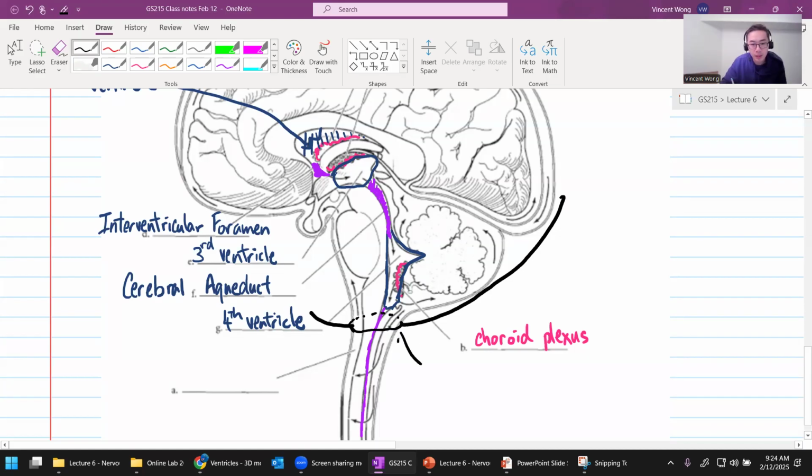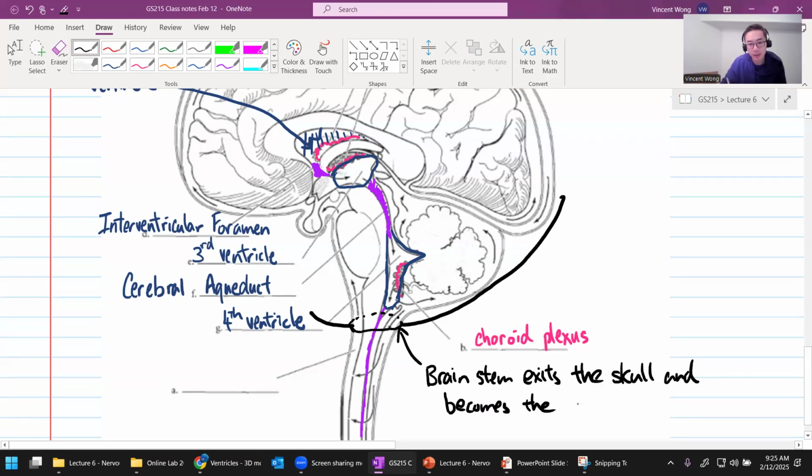So here we say the brain stem exits the skull and becomes the spinal cord. We'll talk more about the spinal cord later, and we're going to come back to this. So this here is the skull.